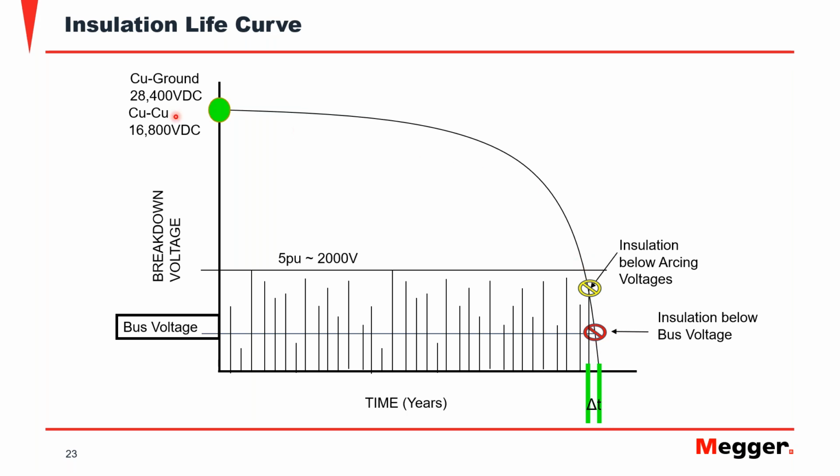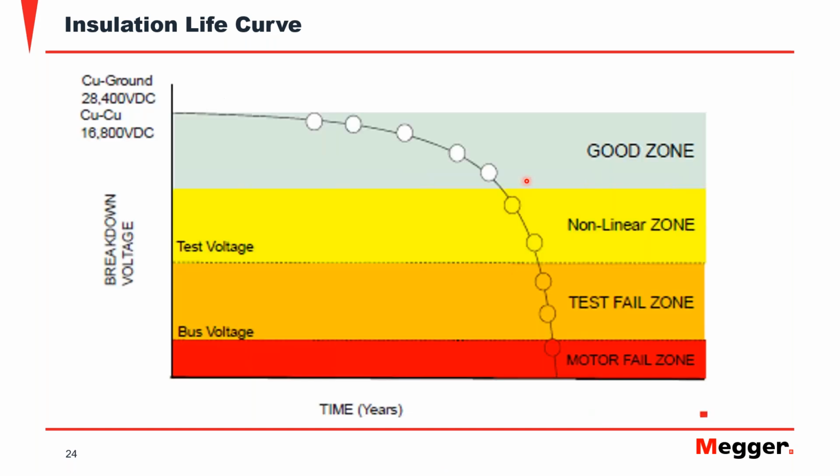See, the form of the curve is such that it has a long time; the scale here is in years. A long time between the beginning and this point, but very little time between what we call the test fail zone and the motor fail zone. And the curve is built like that. This is a reliability curve, and Leslie will show you in her presentation that there are factors that can accelerate and change the form of this curve.